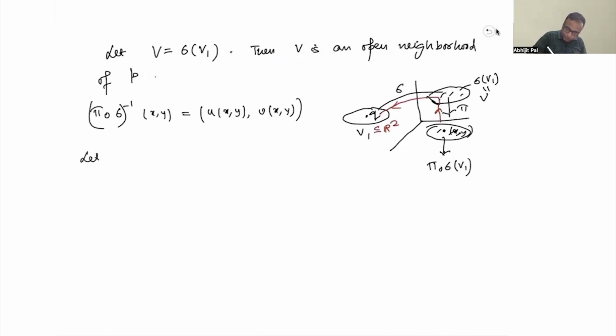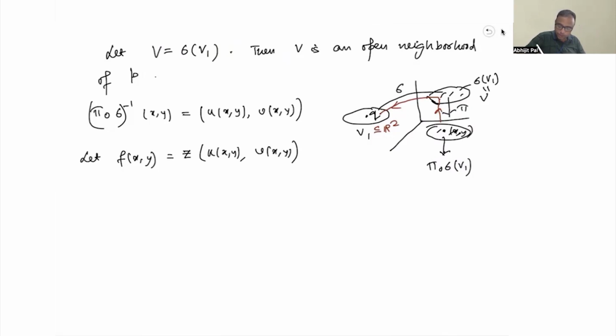Now let f of xy equal to z of u of xy comma v of xy. So what is this?